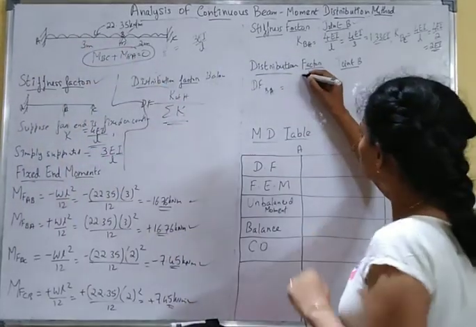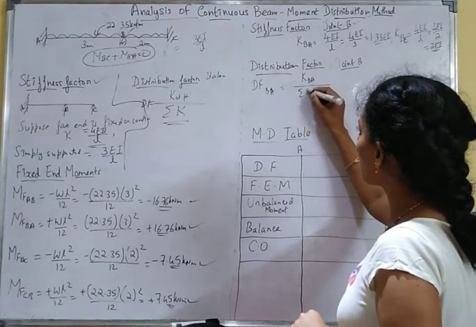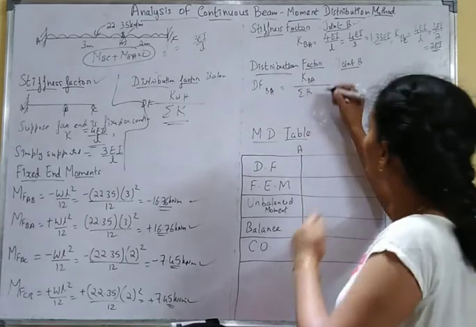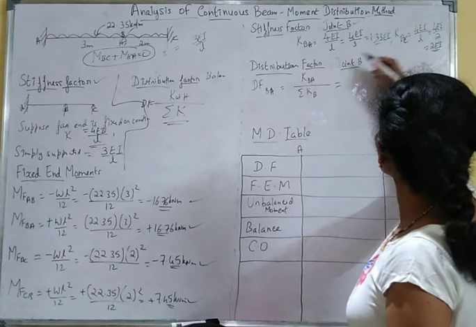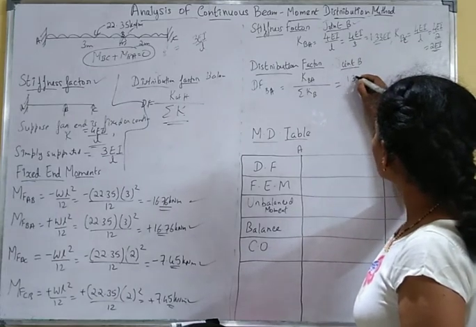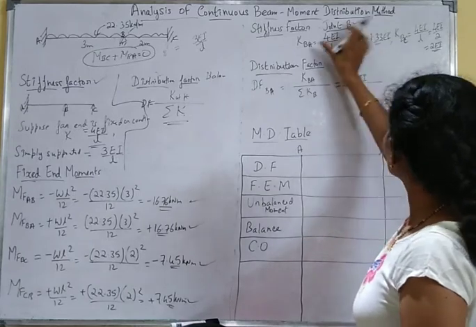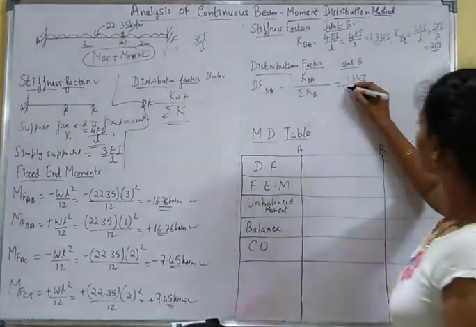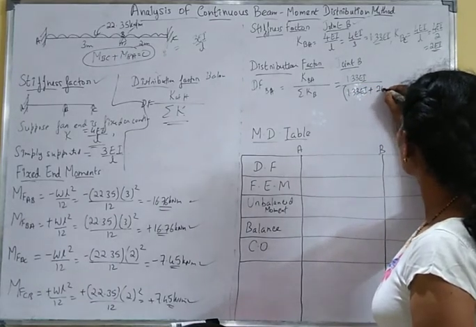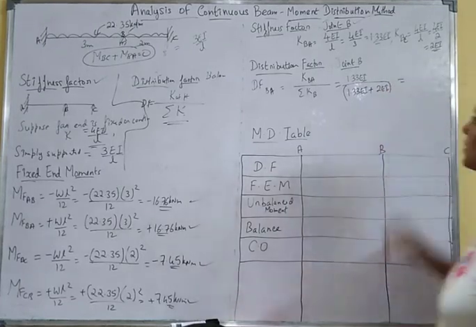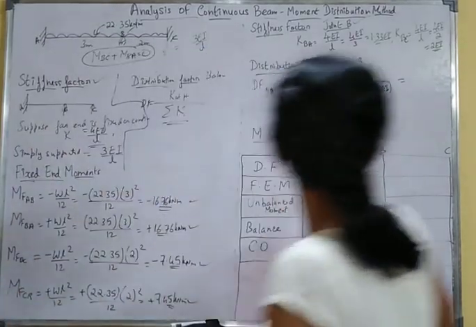So you will consider KBA divided by the summation of KB at joint B. KBA is 1.33EI, divided by the summation of KB at joint B, BA and BC, that is 1.33EI plus 2EI. This is the distribution factor, and simplified it is 0.4.